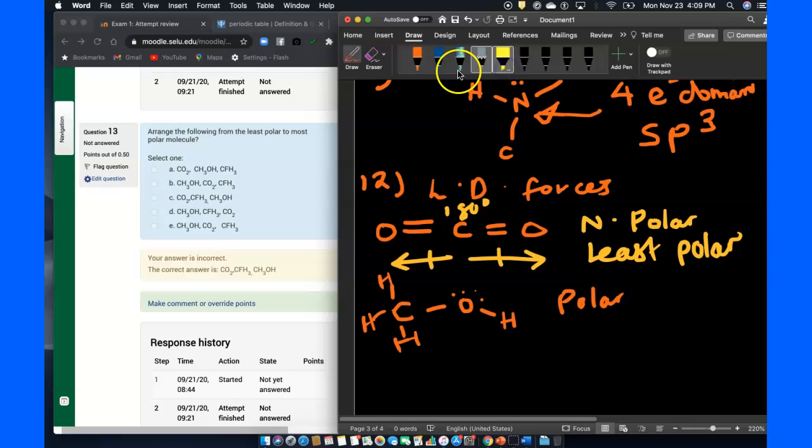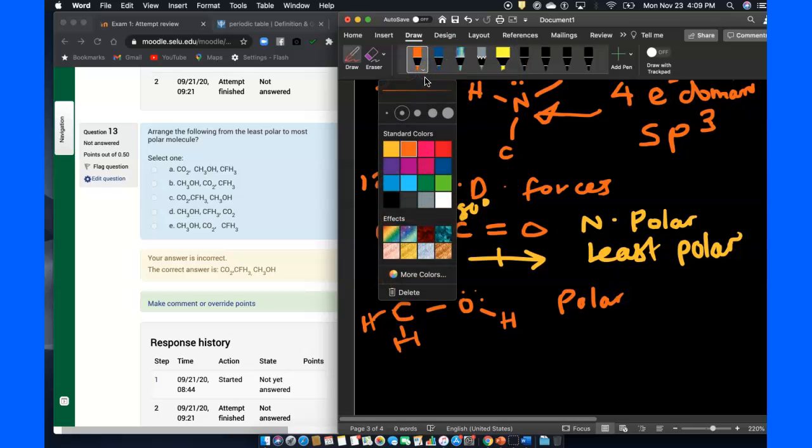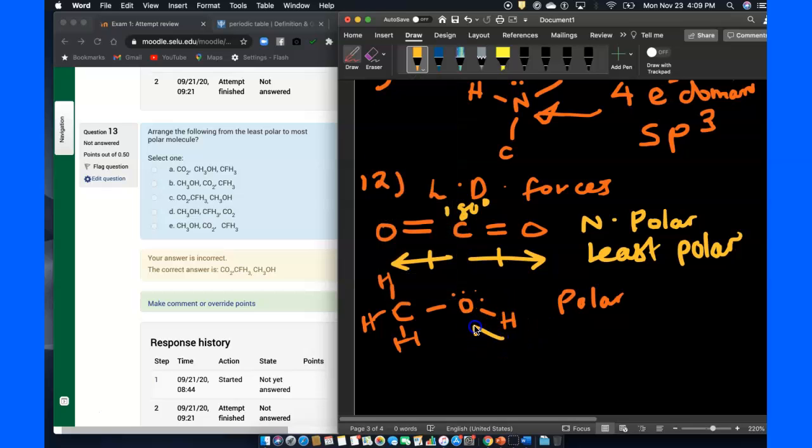We can again justify by drawing our dipole moments pointed towards the most electronegative atom, which means electrons are residing next to the oxygen more than the hydrogen. So the hydrogen will be partially positive. The oxygen will be partially negative because it receives the electron density from the carbon and the hydrogen.